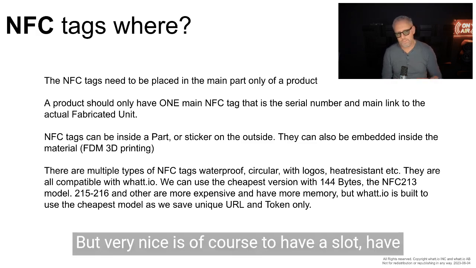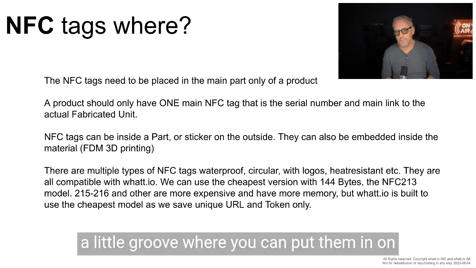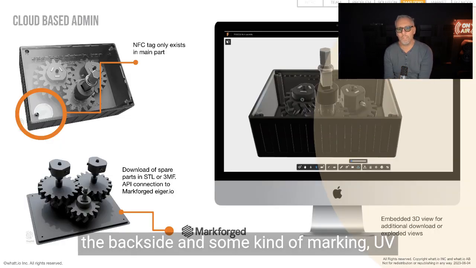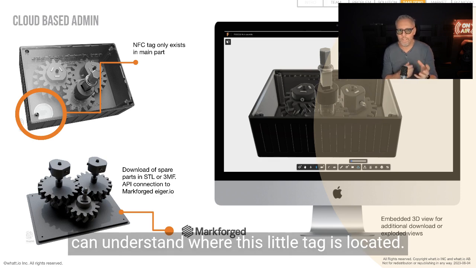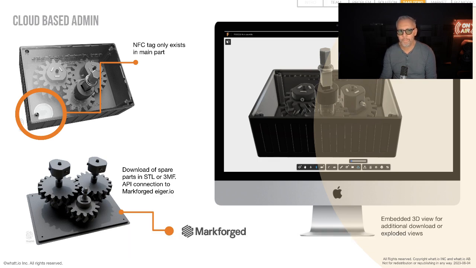But very nice is of course to have a slot, a little groove where you can put them in on the backside, and some kind of marking, UV printed, laser cut, printed, or engraved, where you can understand where this little tag is located.